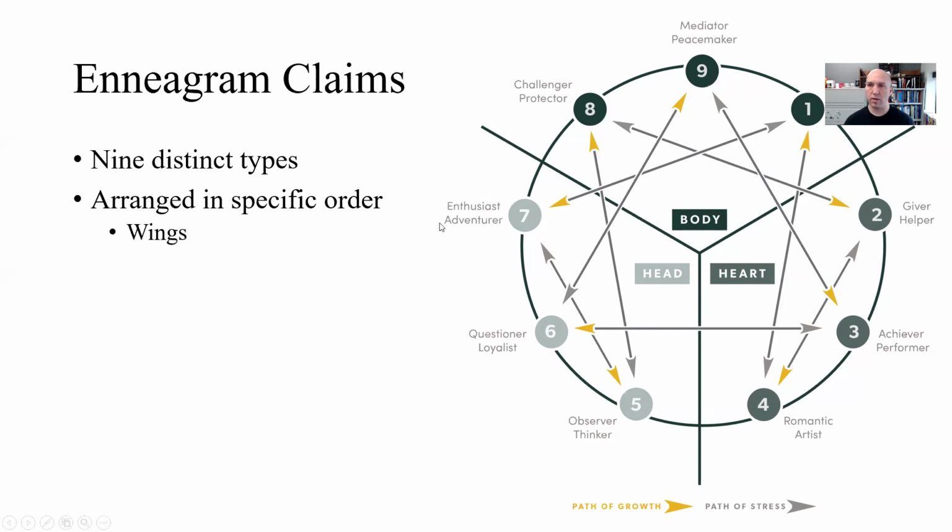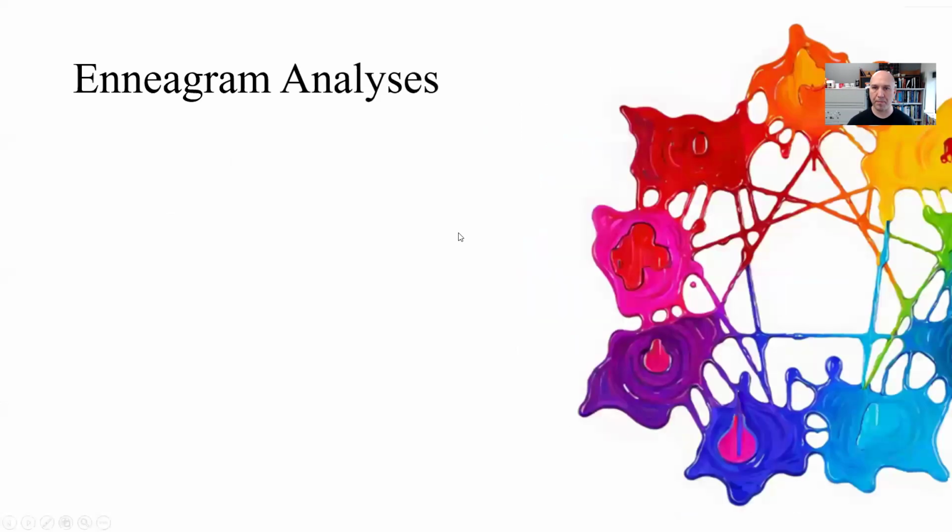So 9 should be most highly correlated to or related to type 1s and 8s. Based on the wings and the triads, and then these arrows, the directions of growth and strength, which also connect different types, we should see a higher correlation or a stronger relationship between those types. That's what I wanted to look at in this presentation.